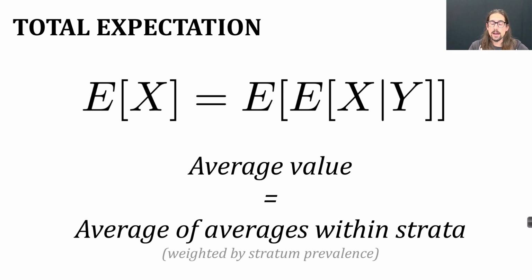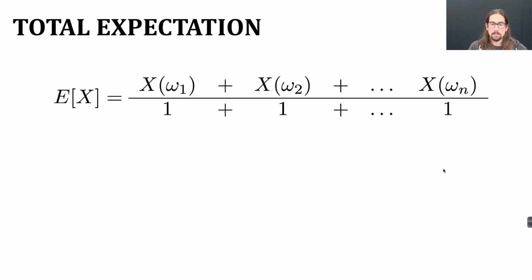The idea is that the average value of a random variable in a total population is the average of the subpopulation averages. You just have to weight by the stratum prevalences. So you can average by first grouping people and taking averages in those subgroups, and then averaging those subgroup averages.